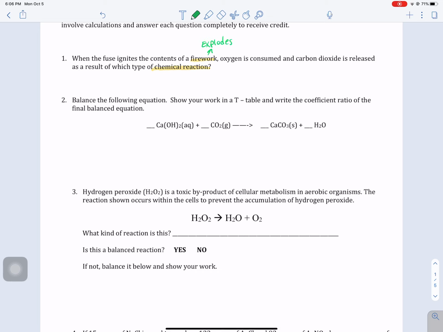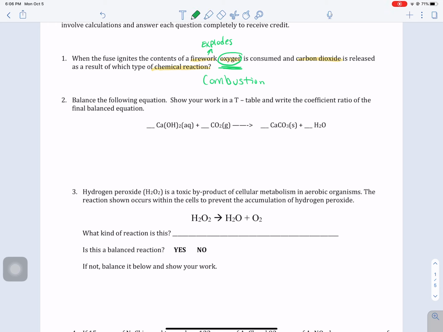If a firework explodes, and if you know anything about fire, it has to have oxygen in order to ignite and function. So anytime you see a firework or anything like that, and you see oxygen is needed, we know this is a combustion reaction, because oxygen was needed and carbon dioxide was the product of it.